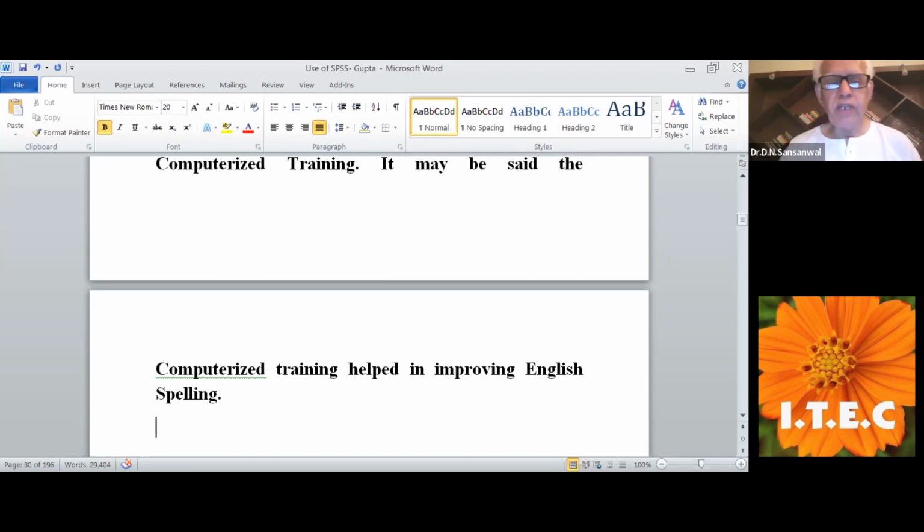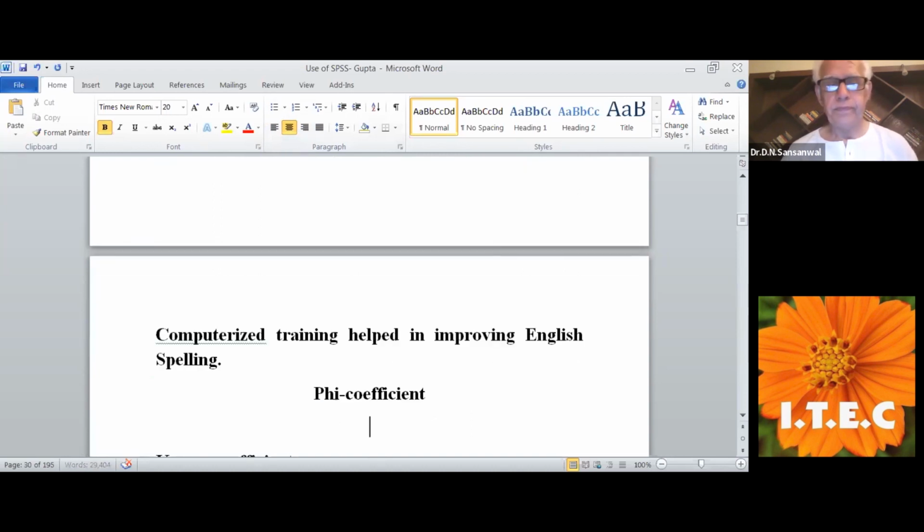Now, any question you want to ask, then I am going to the next statistical technique, and that is the phi coefficient. Any question you want to ask related to the Cochran?